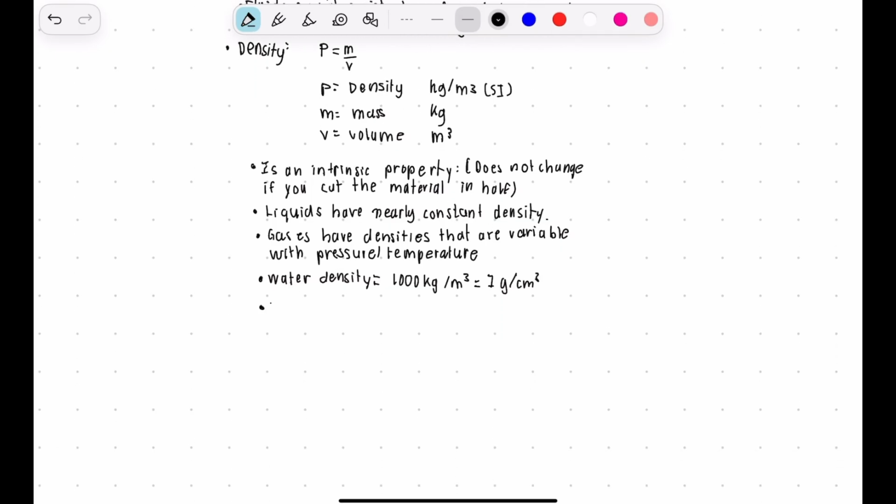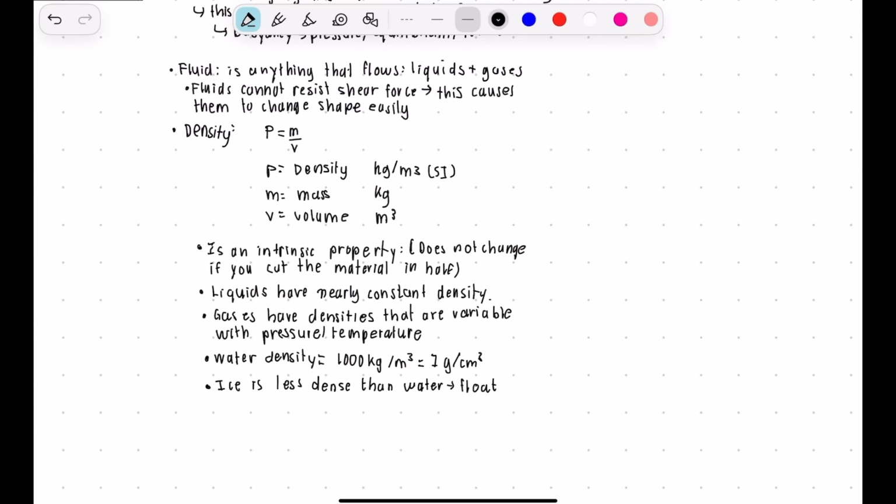Also, remember, as an example, ice is less dense than water, which makes it float. So, here are some rearranged forms of this formula that you should try to memorize or be able to rearrange on the test.